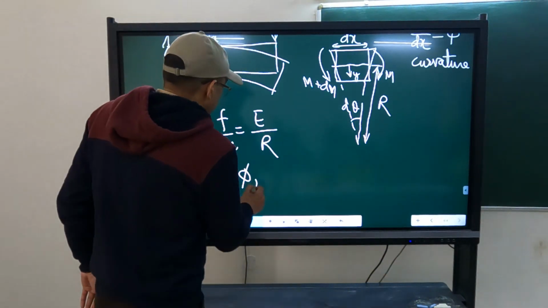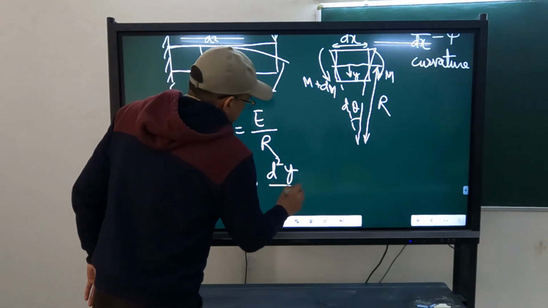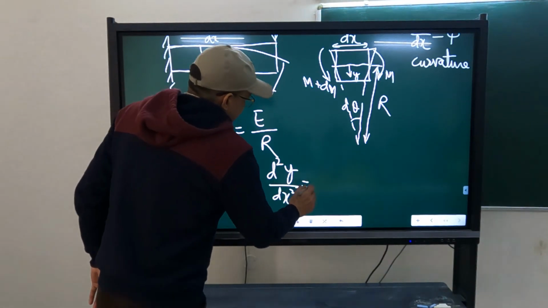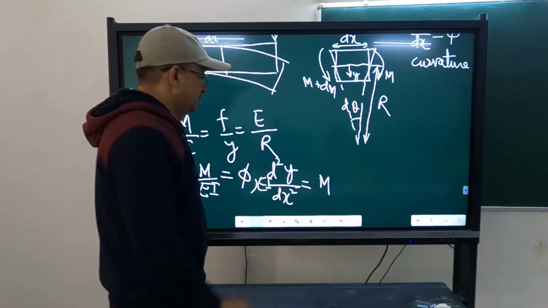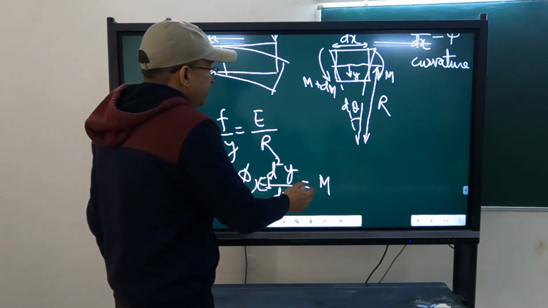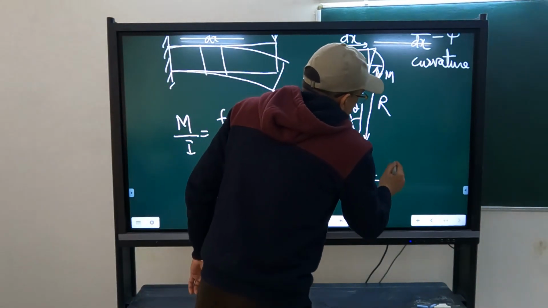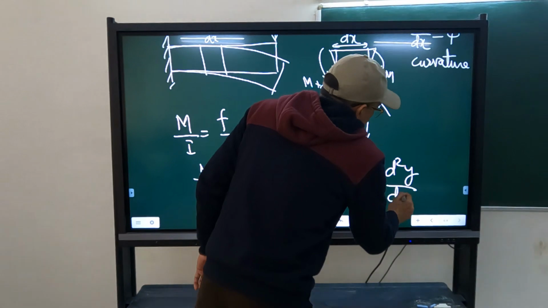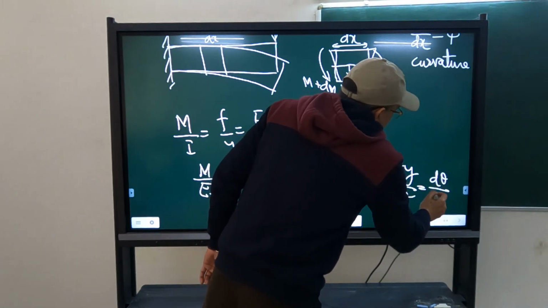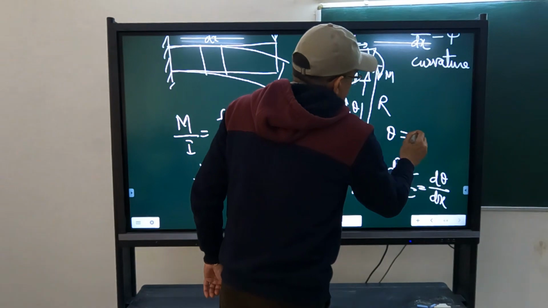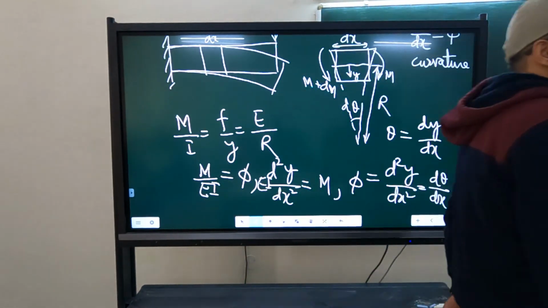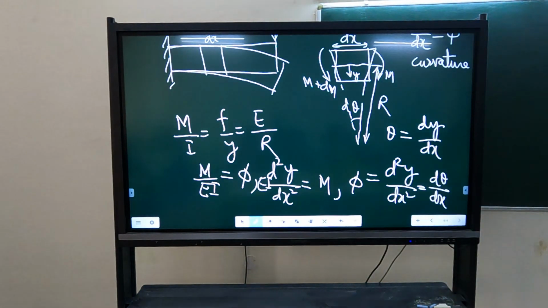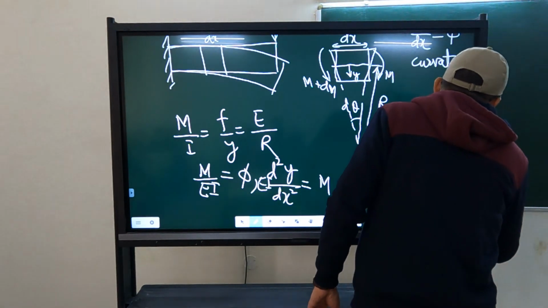Or perhaps you remember it better in this form: d squared y by dx squared is phi, which is also equal to dθ by dx, and θ is dy by dx, and this phi is also equal to 1 upon R.